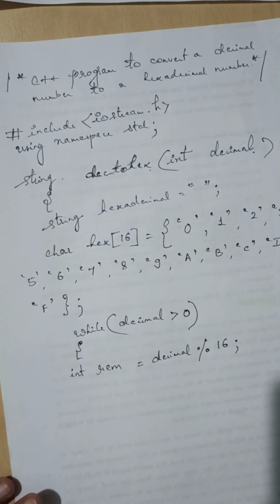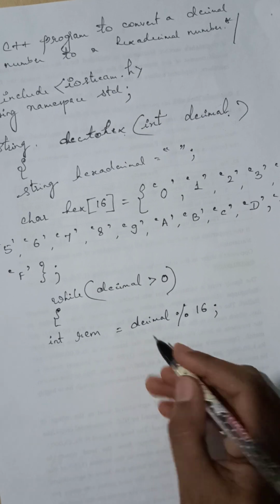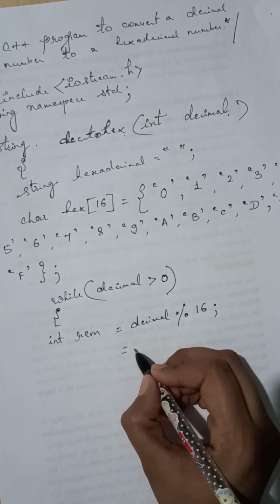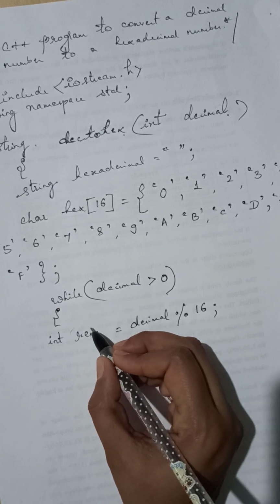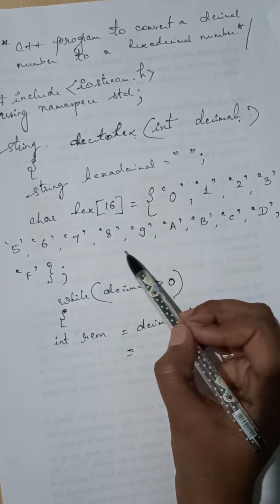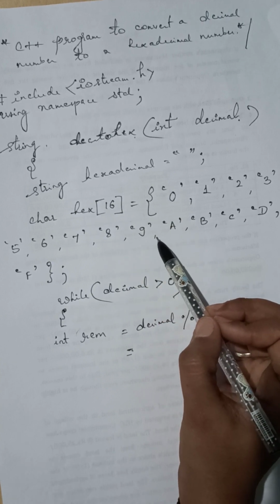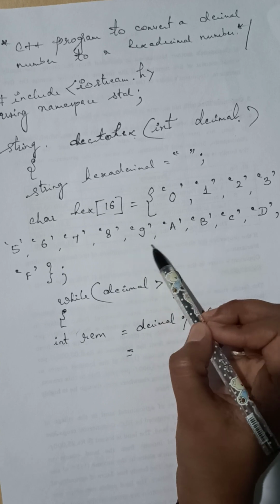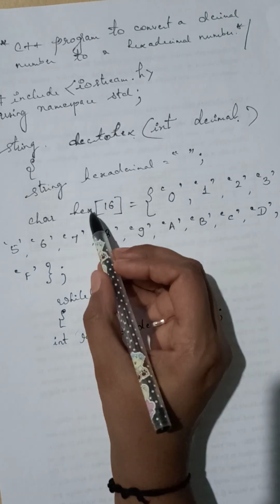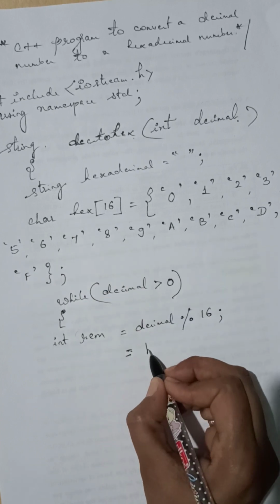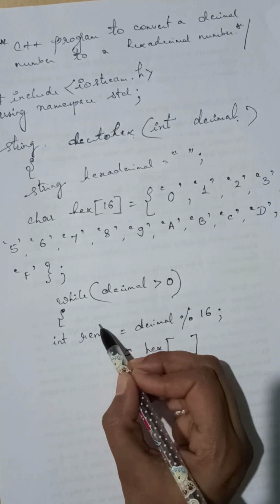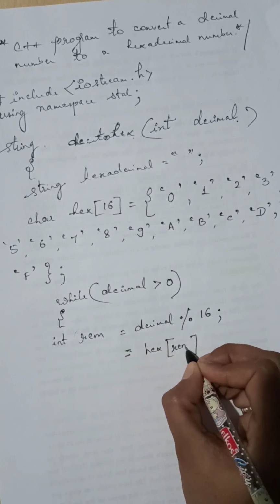Okay, so next, once I get the remainder, I am going to use this remainder to extract the respective hexadecimal digit from this array. How to extract? We will use this array name hex, and in place of the index we will use this remainder, whatever remainder we get.